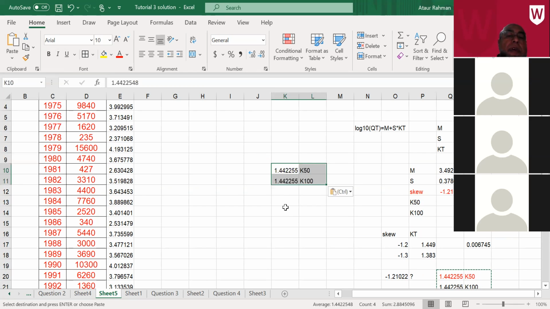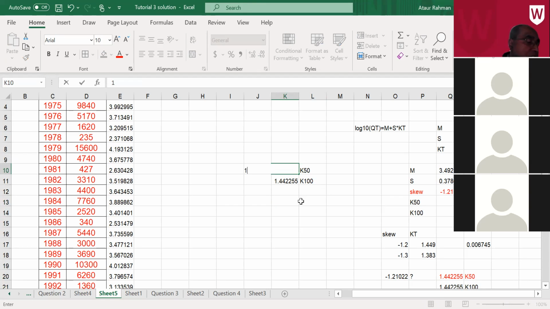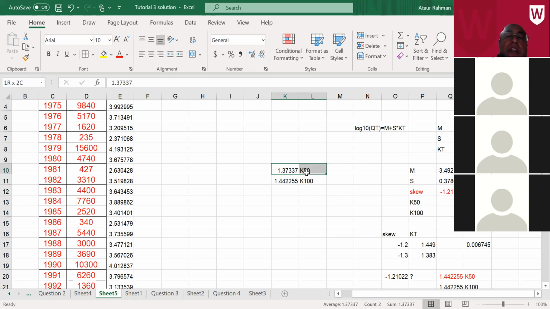Before using the K50 value, you need to change the KT value for calculation. That's right. So our K50 value we estimated before is 1.37337. That was our K50. And K100 was this, is that right? Yeah, that's right. So this is our KT values here.